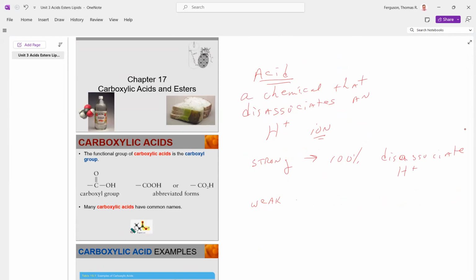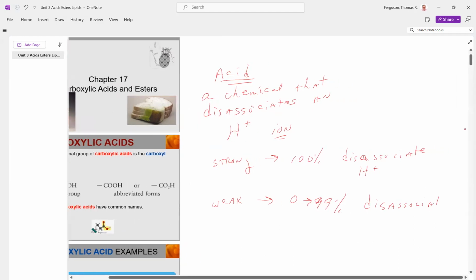A weak acid is different. Not all of it comes off. Some of it stays on the parent chemical.